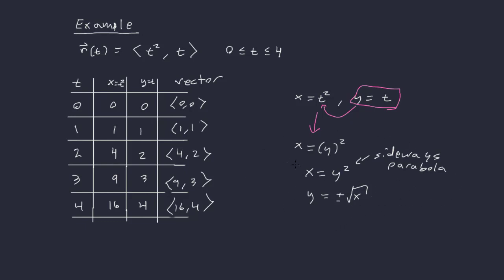So this here is called a Cartesian equation. Where that word comes from is the mathematician and philosopher Descartes, Cartesian. He's the philosopher known for coining the phrase "I think, therefore I am."